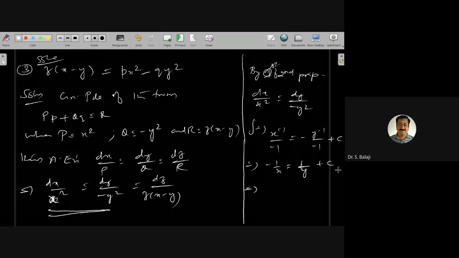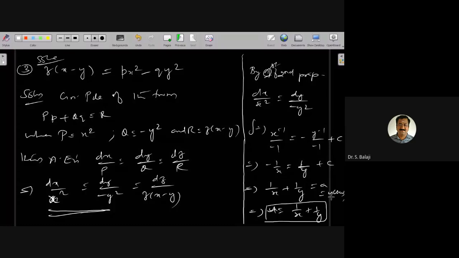Or otherwise you can write 1 by x plus 1 by y equal to some constant c, that is a, equal to u, say. So one solution is 1 by x plus 1 by y.